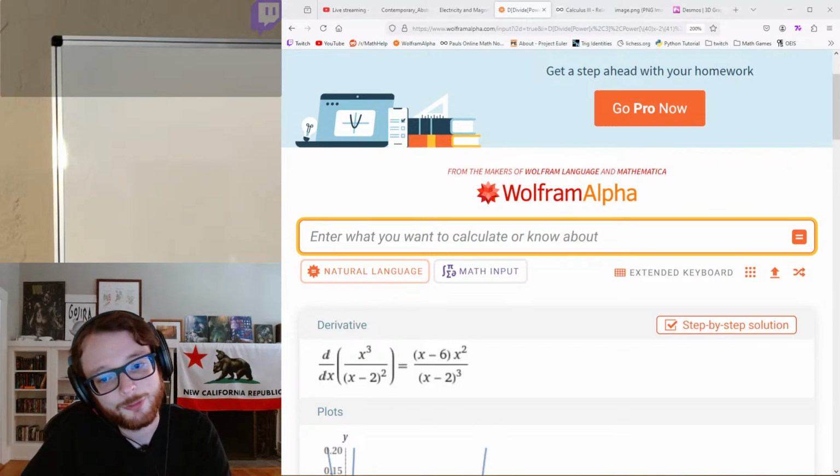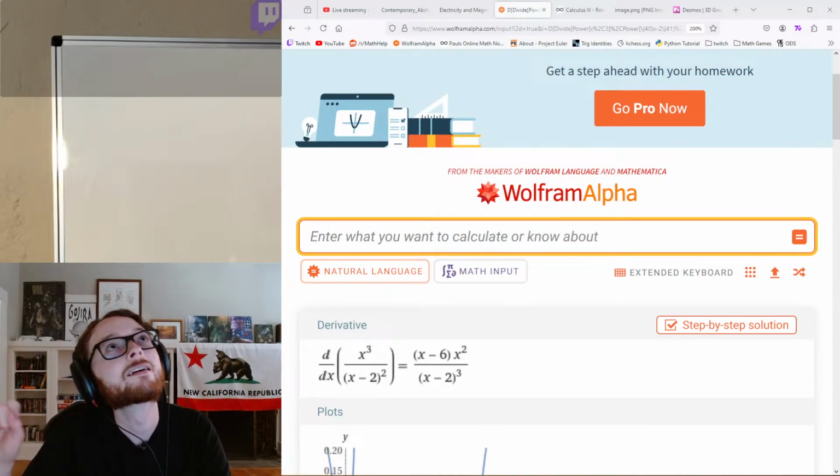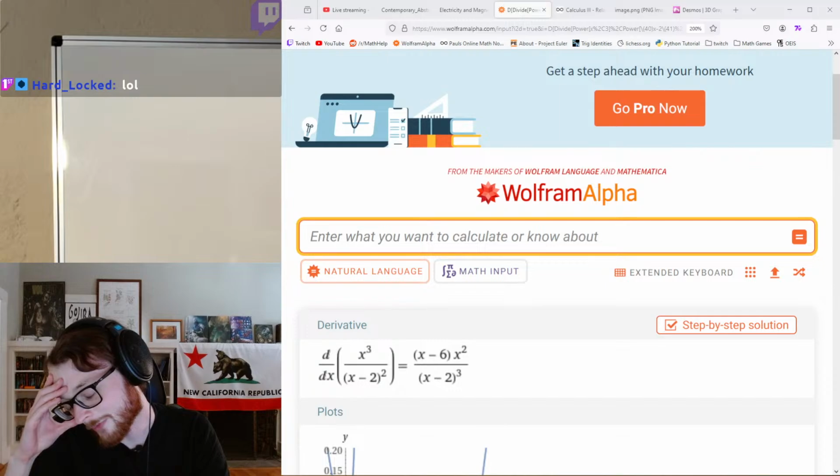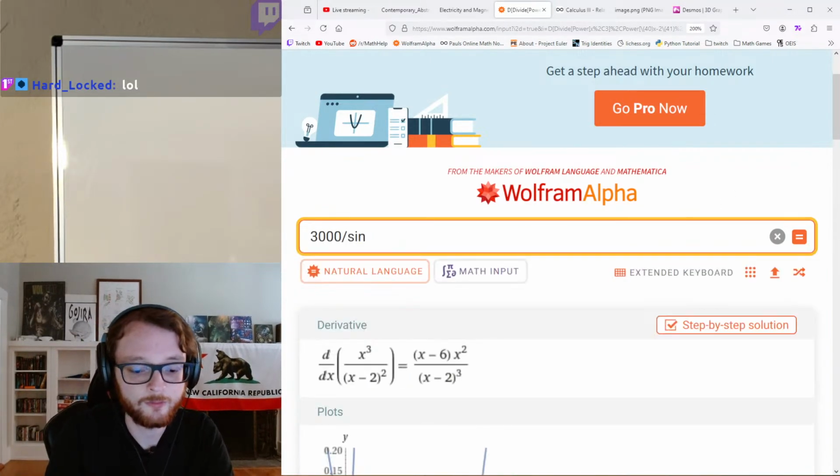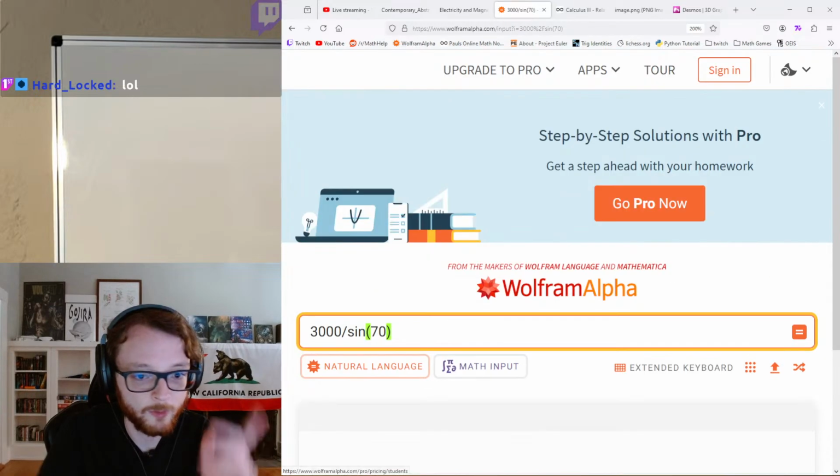But we want 3,000. No, we want opposite. Sine of 70 is opposite over hypotenuse. If we want the hypotenuse, we do 3,000 divided by sine of 70, right? 3,000 divided by sine, and that's less than 1, which will increase. Okay, good.